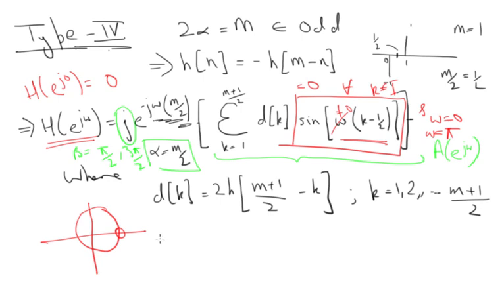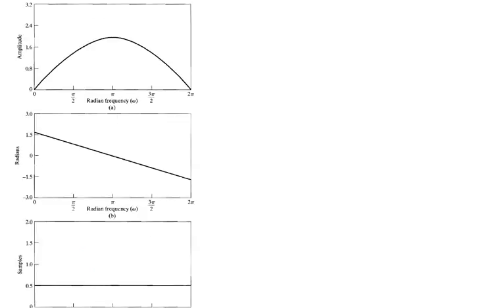Let's see an example of type 4 systems. This is a type 4 system. Its frequency response is h of e raised to power j omega equals j into 2 times sine of omega by 2 into e raised to power minus j omega by 2.